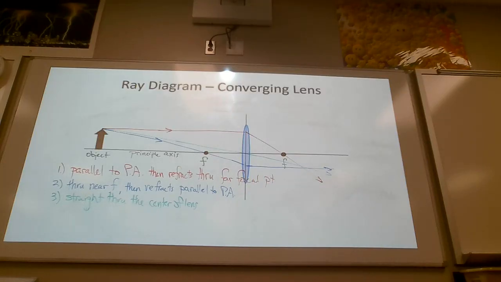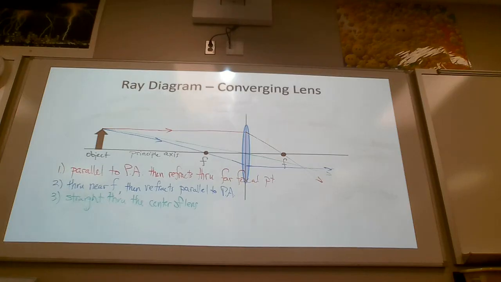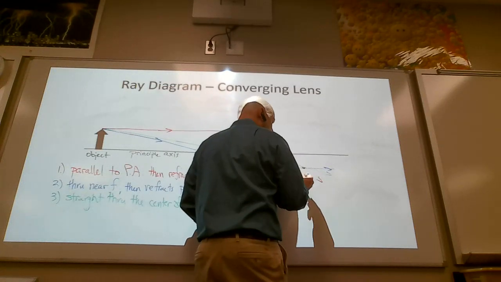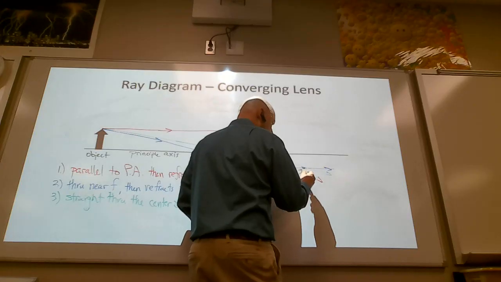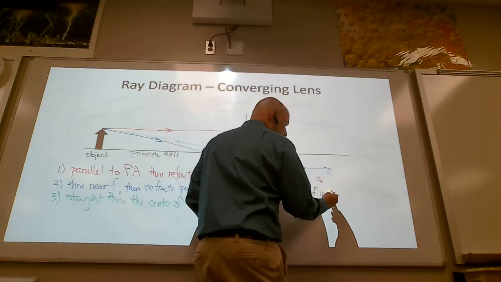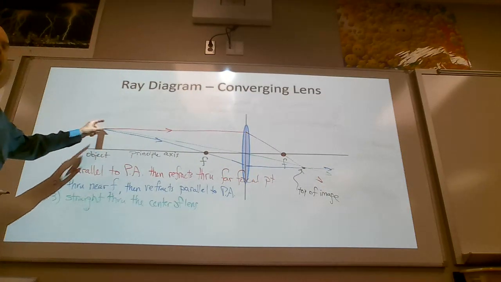Good with that? Okay. Now, where those rays intersected, this is the top of the image because we drew it from the top of the object.